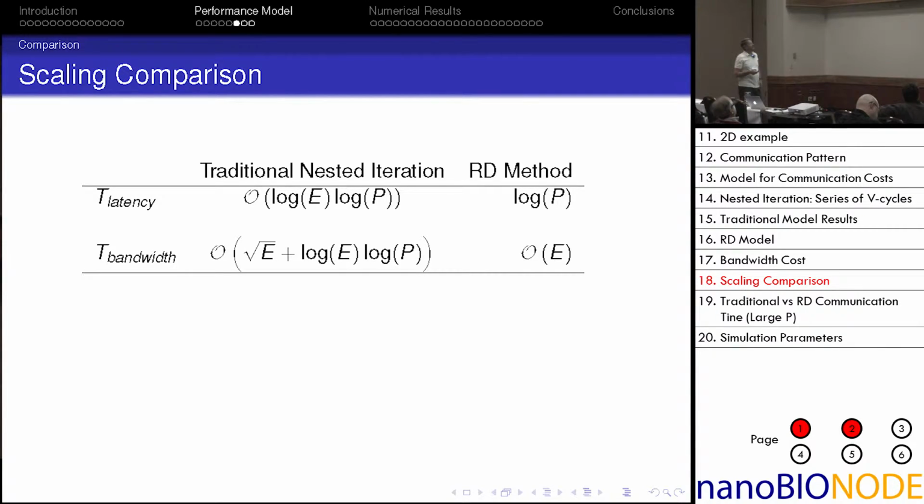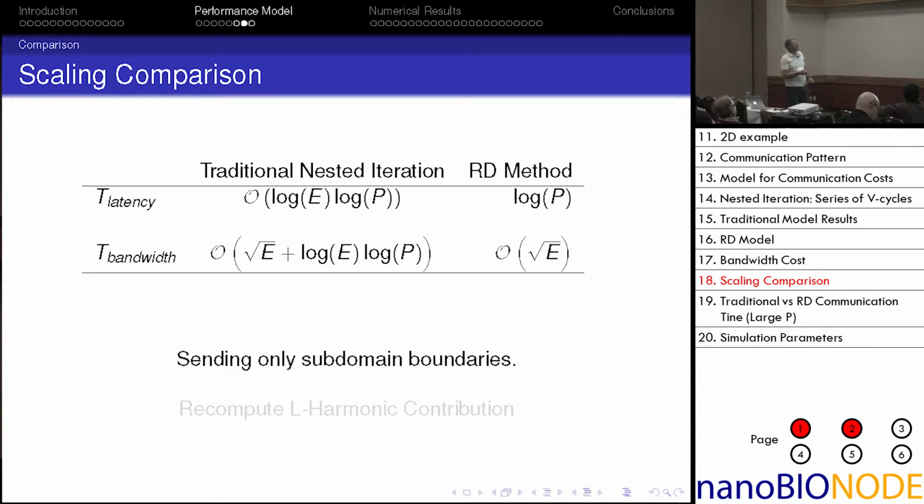And if the processors and the number of E is balanced, you have this thing going on. Well, there's another thing. We can reduce this so that this is square root E and that's a square root of E. Because as you're passing information along, and the one process is gathering all the other guys' outside stuff, when it gets to him, all he needs to know is the boundary.